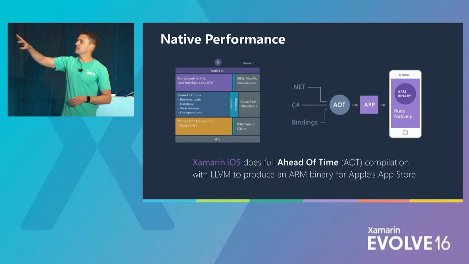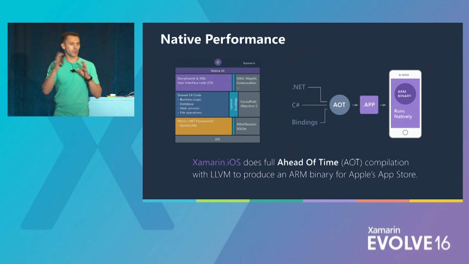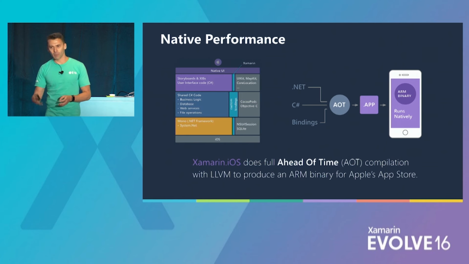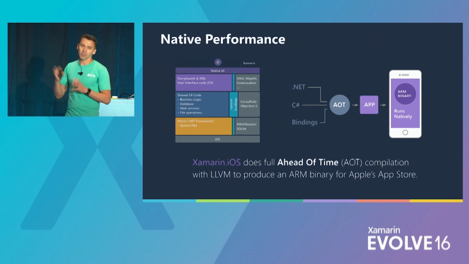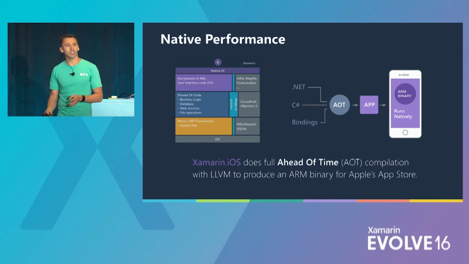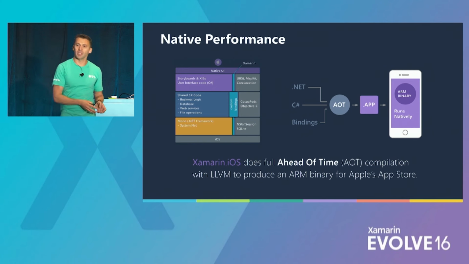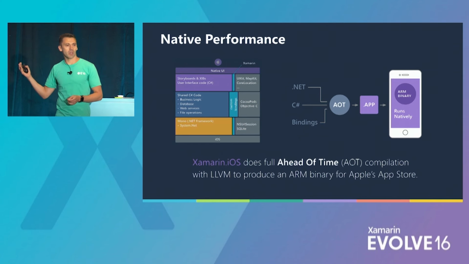So the entire stack that you see on the left, your C# code, your storyboards that are iOS specific, the .NET framework, all compiled ahead of time using the LLVM, which is Apple's new way forward for building applications for iOS, into a single app binary, ARM machine code, runs on the phone, and is indistinguishable from the applications that Objective-C developers are using. So it's a native runtime, high performance.